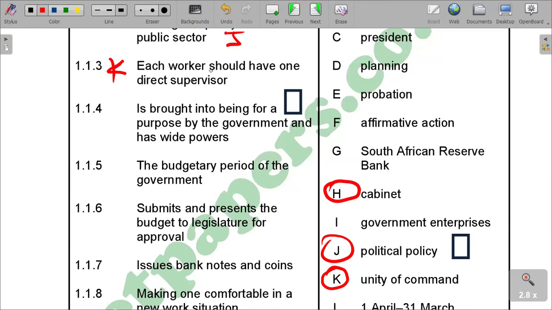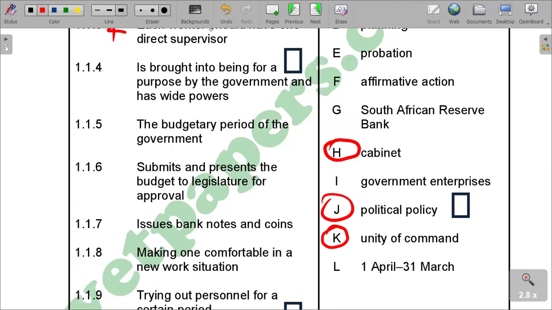So we can see that this is a government enterprise, which is I. The government enterprise has a variety of powers, and it is established for specific functions that it has to serve.